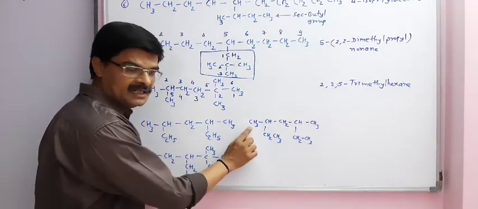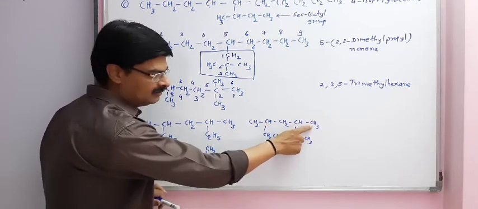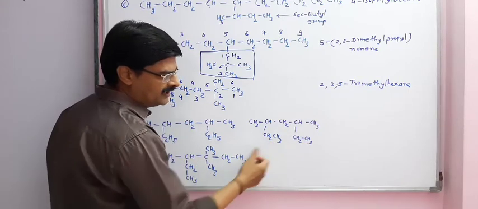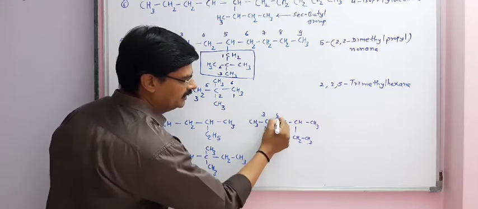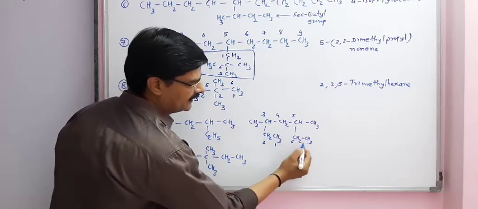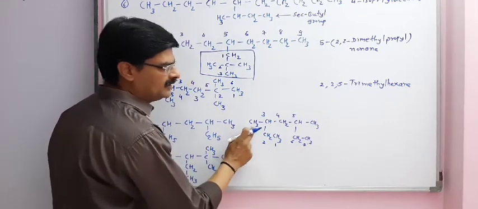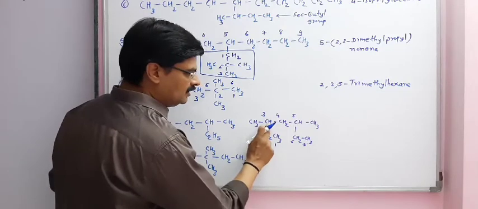If we write straight chain, we will get only 1, 2, 3, 4 and 5. But if we start either from this carbon or from this carbon, we will get 1, 2, 3, 4, 5, 6 and 7.